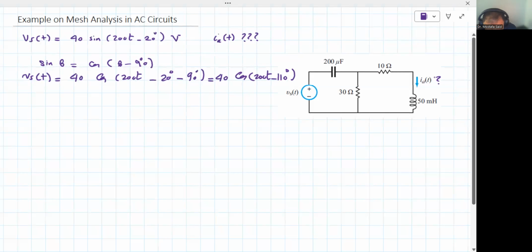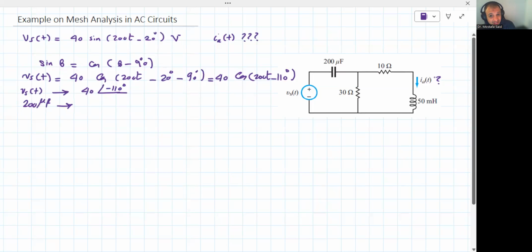Then we convert the circuit into the phasor domain. In the phasor domain, Vs will be 40 angle minus 110, easy peasy.